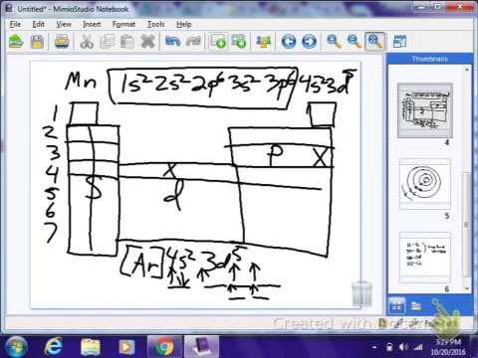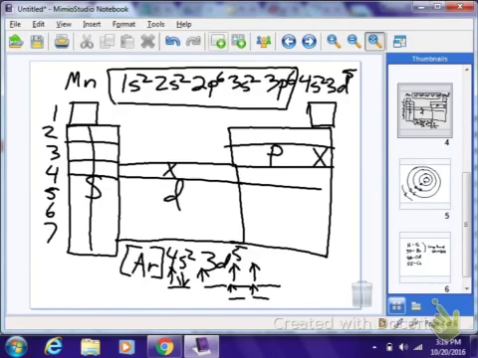But you guys, to get it right, you want to write it like we did. Which one are you asking about, chromium? Oh, Cr. Yeah, that one, if you do it our way, it'd be 4s2, 3d4. And the reason why it's that way is something way beyond what you want to know.